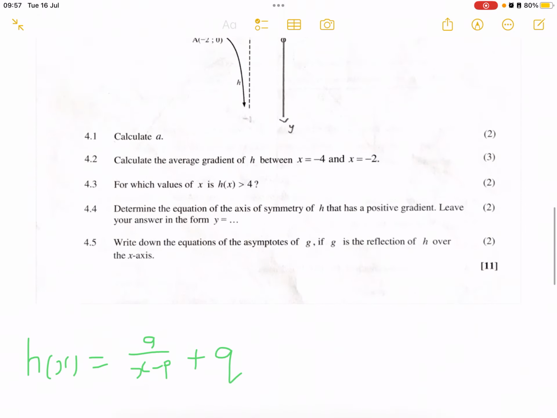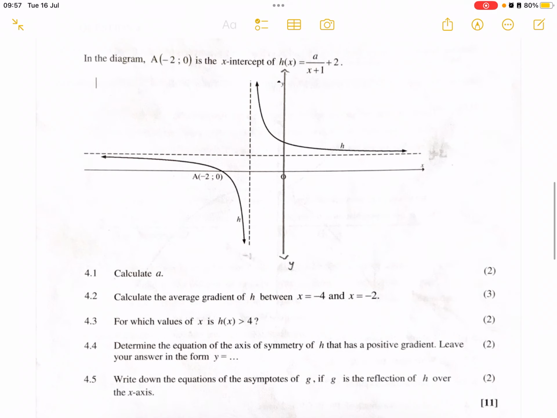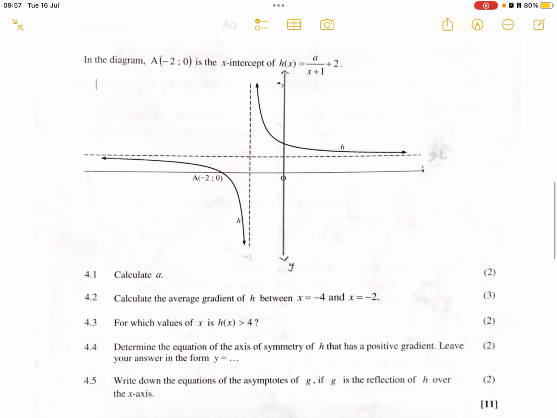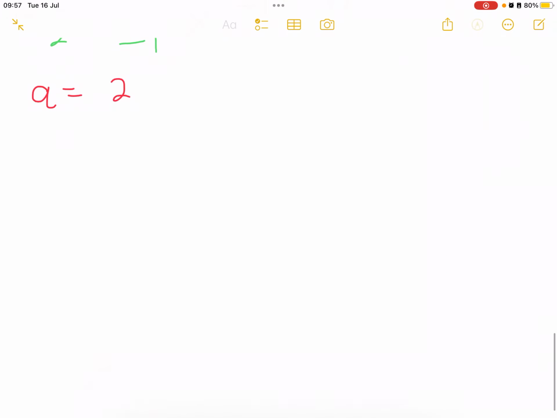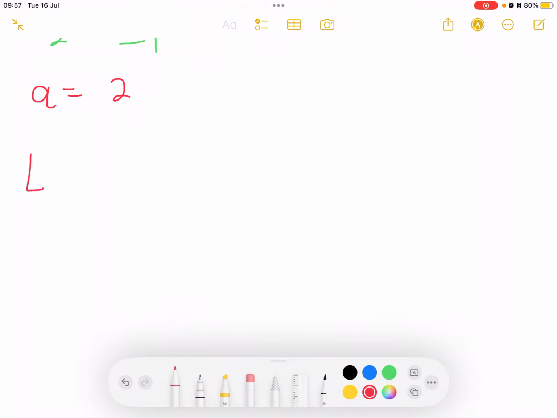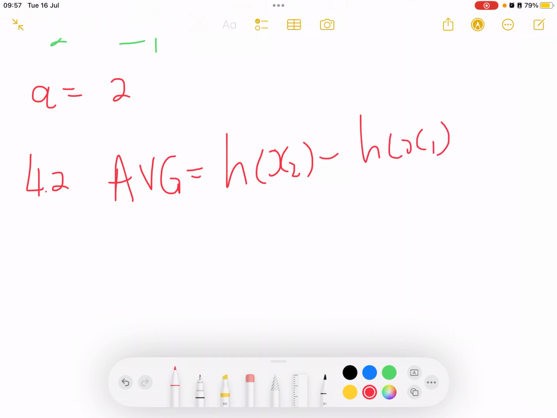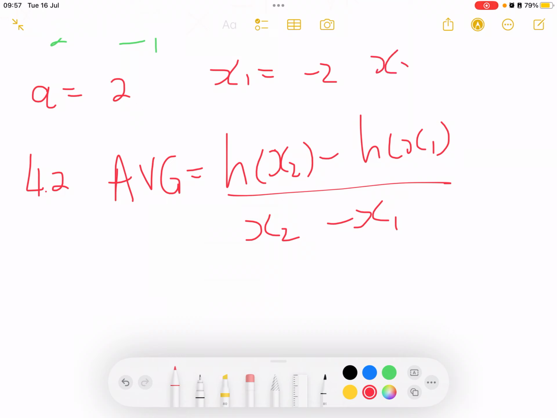Then let's check the second question, which says calculate the average gradient of h of x between x equal to minus 4 and x equal to minus 2. A grade 12 learner would be able to calculate average gradient by saying average gradient is equal to, since we're not looking at f, it's going to be h of x2 minus h of x1 all over x2 minus x1, whereby our x1 is equal to negative 4 and our x2 is equal to negative 2.